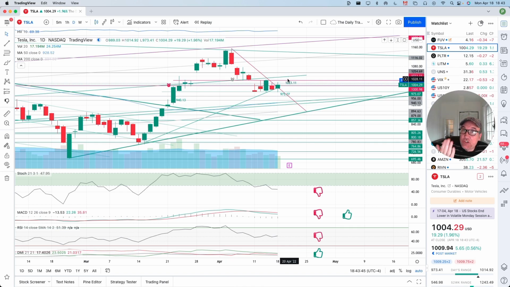So this is good news, because the downtrend for Tesla, the fact that Tesla was making lower highs and lower highs, this has stopped. But also the bullish trend where Tesla was making higher lows also stopped. So basically, the stock is in a dead zone.